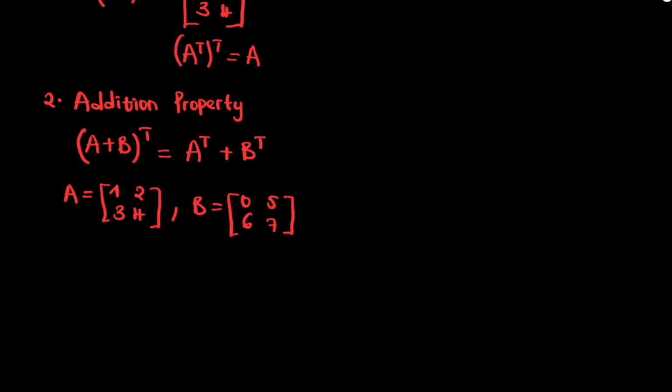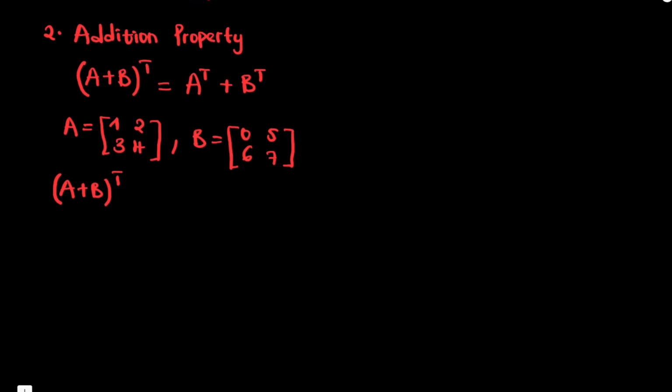So let's check these properties. Let's start with the left hand side, which is the transpose of A plus B. Okay, so first thing, let's find A plus B. You add their corresponding entries.